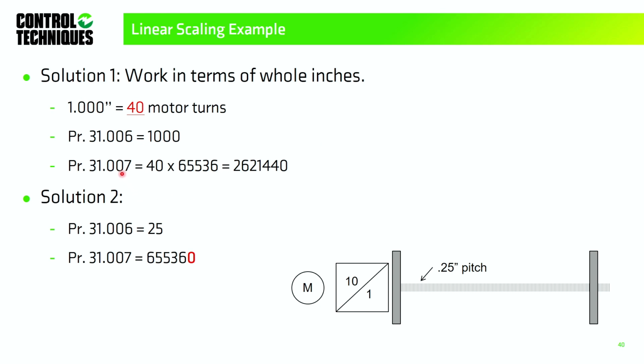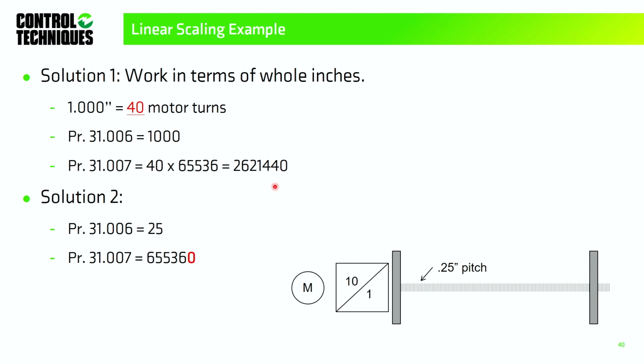But I'd have to adjust this to compensate for the 40 motor turns. So 40 times this is this. So my 3106 is 1000, 3107 is 2,621,440 counts. That would work fine.